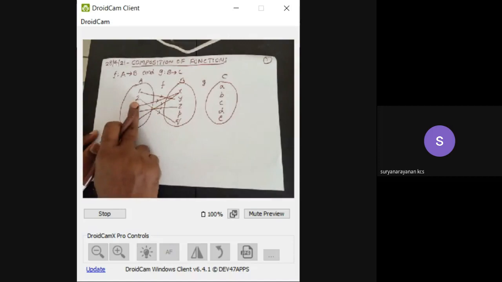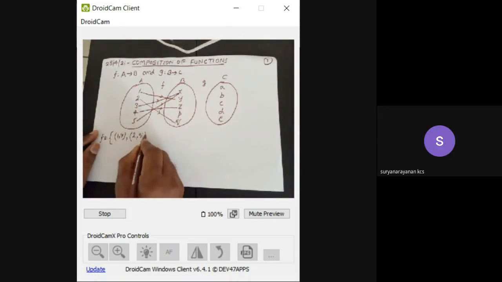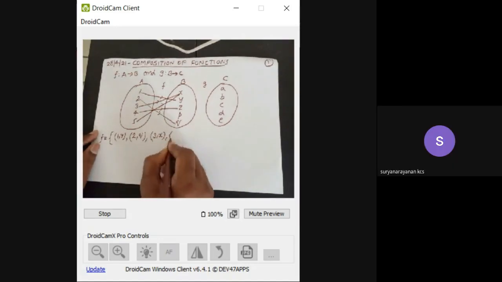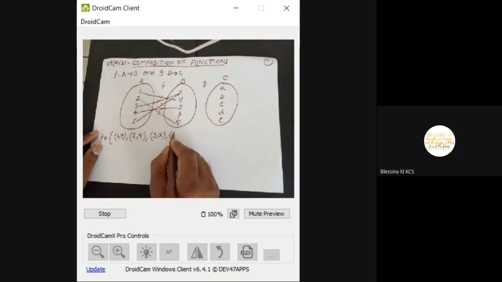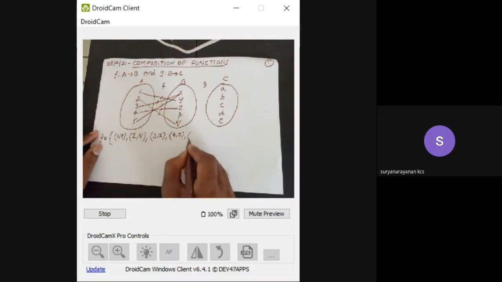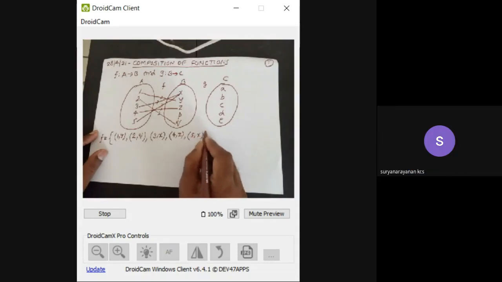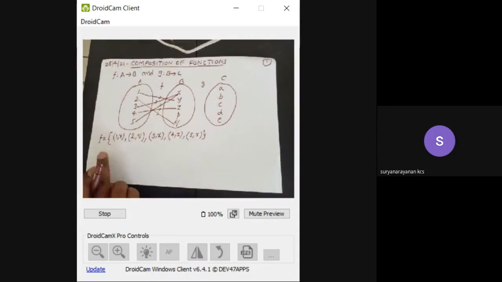Similarly, can you tell me the remaining elements? (2, q). Next, (3, x). Very good. Next (4, z). (5, x). This is a description of function f in the roster form.